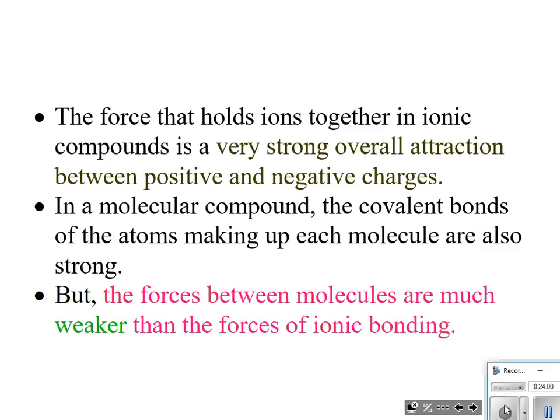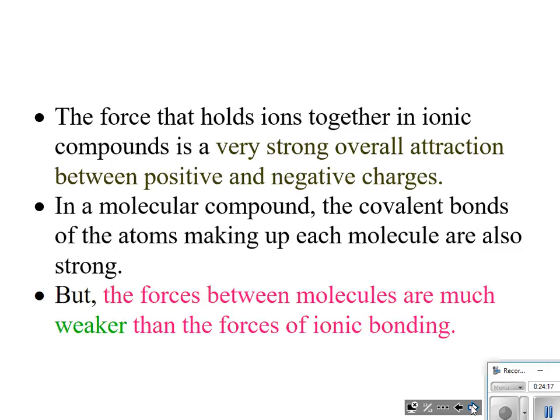So ionic bonds are much stronger than covalent bonds. Okay, so in the hierarchy of bonding, ionic is stronger than the covalent.